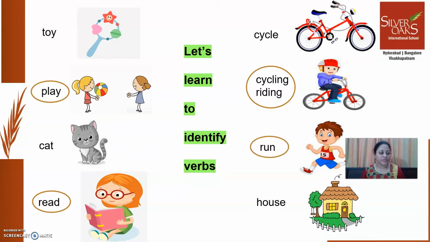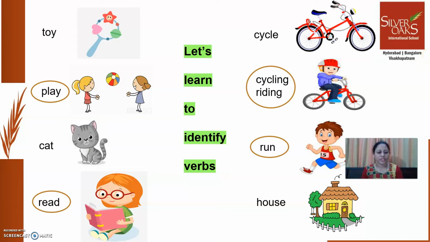If you say house, is house a verb? When you say house, there is no kind of movement or action, right? So house is not a verb. So this is how we identify verbs. We will just look at the word and think, is there any kind of action or movement or work happening in that word? Then it is a verb, otherwise it is not a verb.